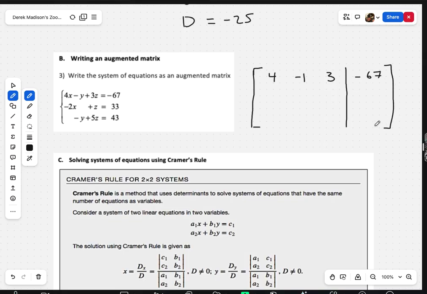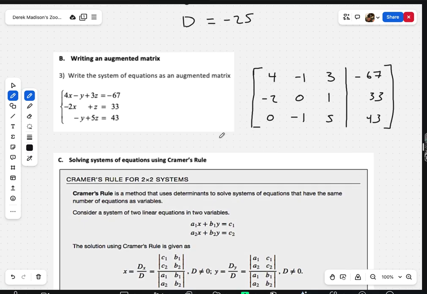So for this one I have a minus 2 in terms of the x. I'm missing a y term, so I would put a 0 there. Z would be 1. 33 is over here. And here I'm missing the x term, so we'll do a 0, negative 1 on that y, and then 5 and 43. And you can see this looks an awful lot like where we just were.